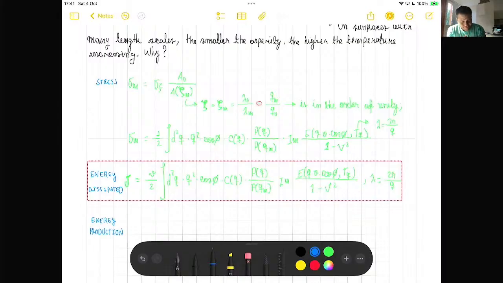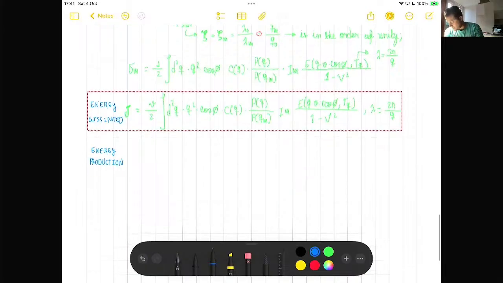So for this case, the energy production suffers a decay. And this decay can be calculated from this equation of energy production.